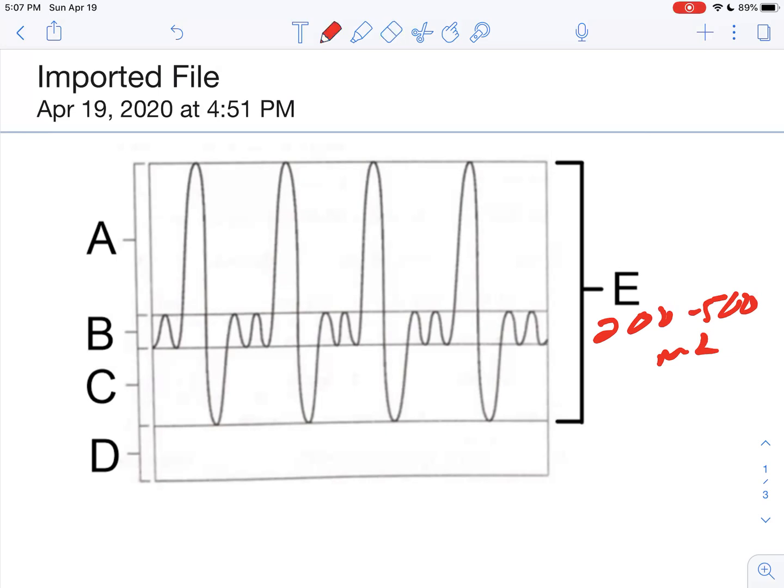We've got tidal volume here. We've got IRV, which is this. And actually, let's do this. It's going to be tidal volume.